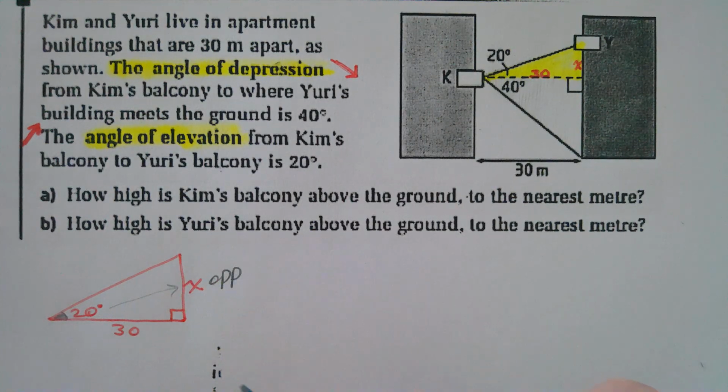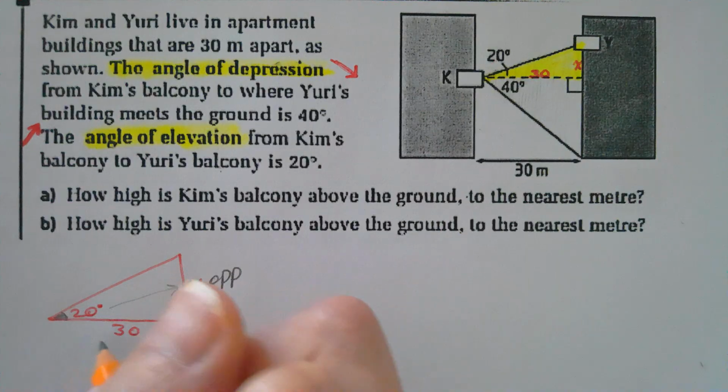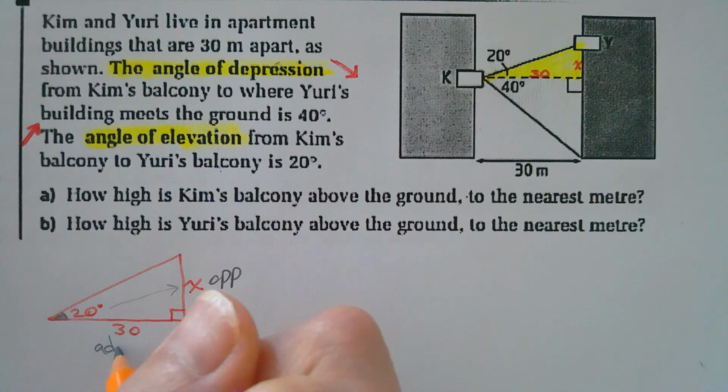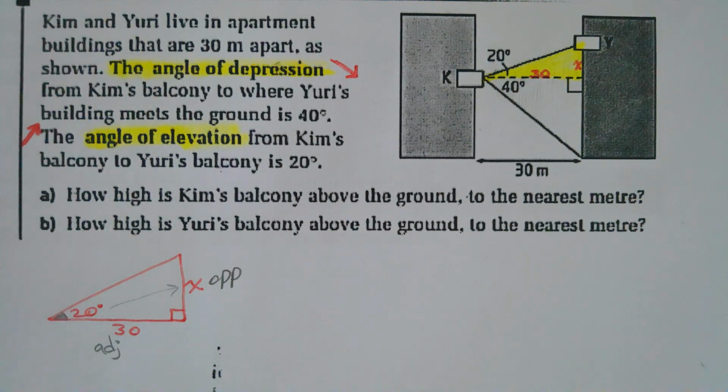Is it hypotenuse or adjacent? Adjacent, because it's not the hypotenuse. Good job. Yeah, I didn't read the question. Sorry. We'll have to solve for everything anyway.